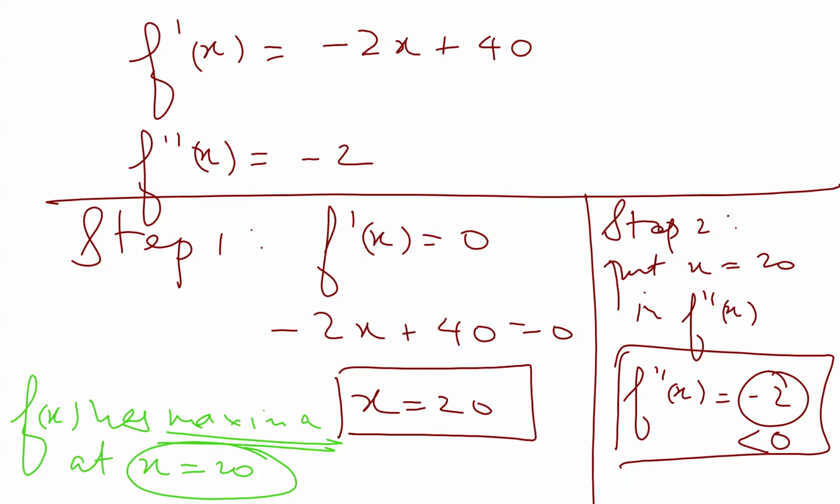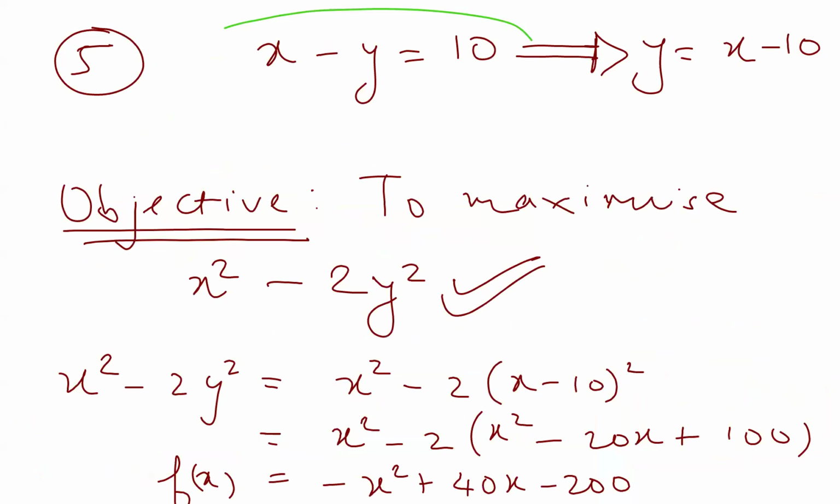Put that 20 over here. 20 minus 10 is equal to 10. So y is also equal to 10. So we got the two parts.